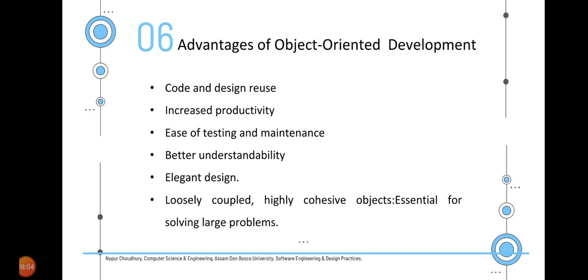When we individually segregate it into real-time objects, it becomes easier for any developer to handle those objects and their attributes and functionalities in a more precise and productive manner. The third is ease of testing and maintenance. Since it is already isolated into different objects, the testing becomes easier.